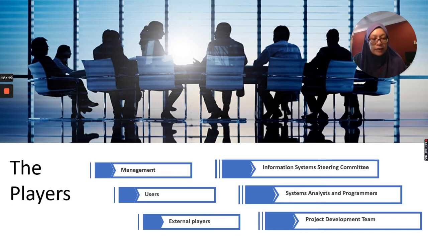They prepare the specification used by the programmers. Later the programmer will develop the system, doing the coding and programming part. The analysts also need to ensure that the system will meet the users' needs.